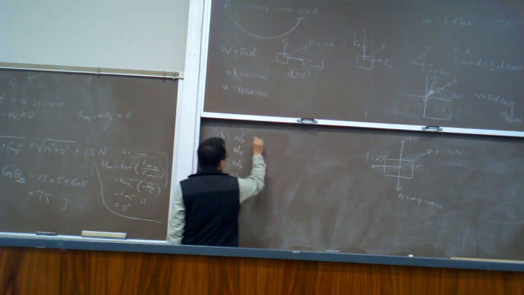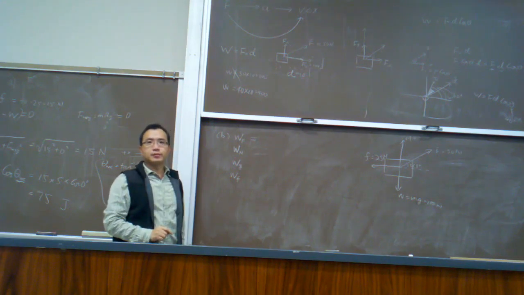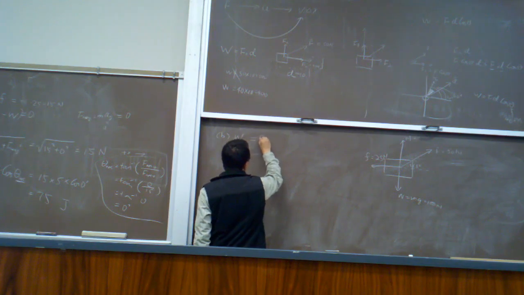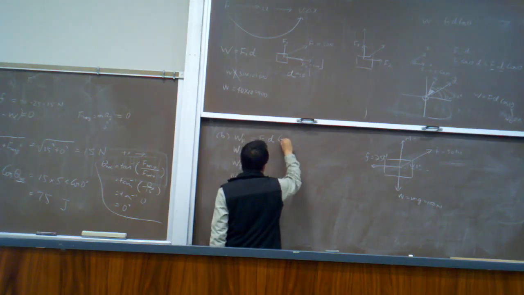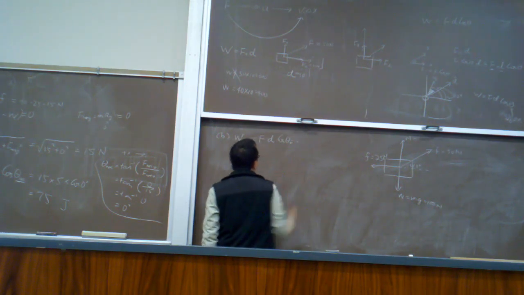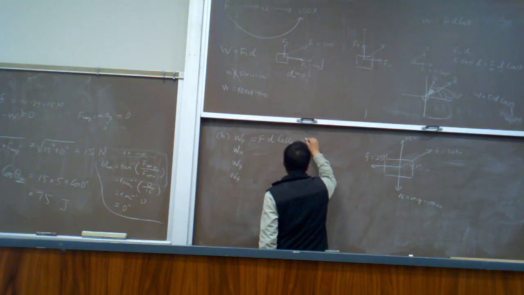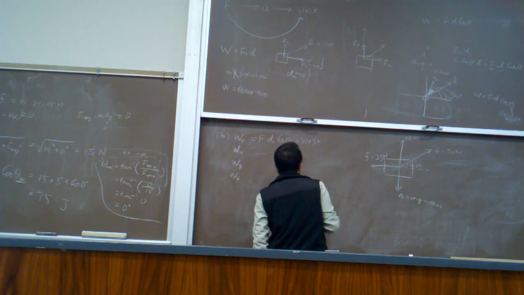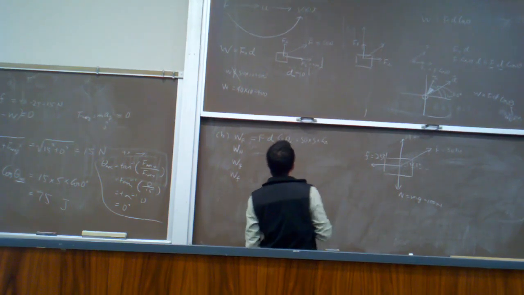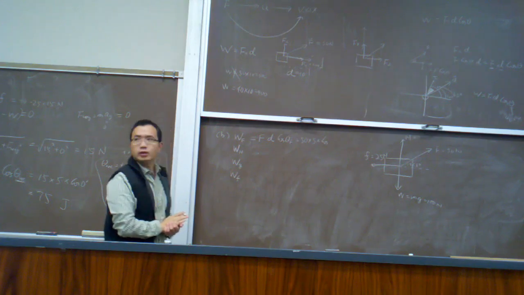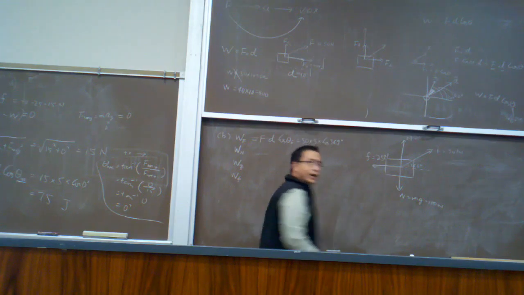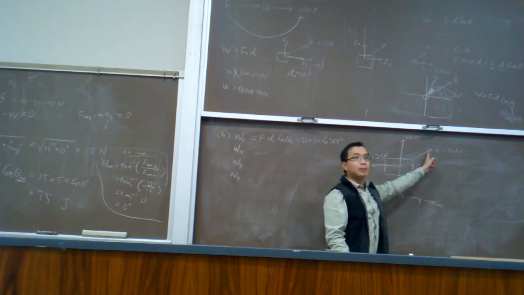Now, WF is the work done by the external force F. By definition, it is this force multiplied by the distance multiplied by cosine theta F. This force is given as 50 Newton, and the distance is given as 5. And what is the angle for this one? 36.9 degrees, because we are calculating the work done by this force.